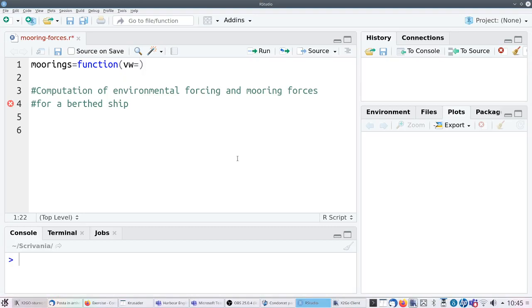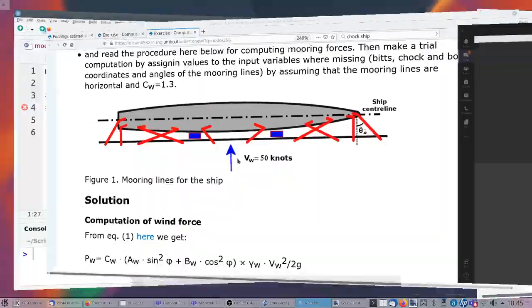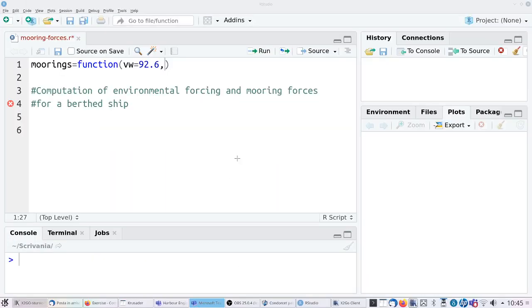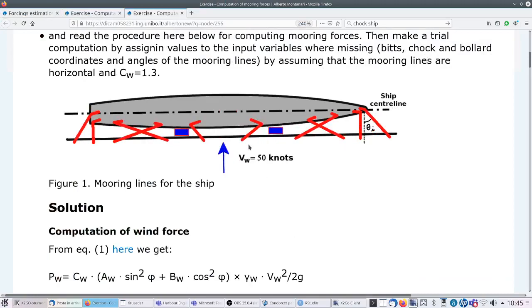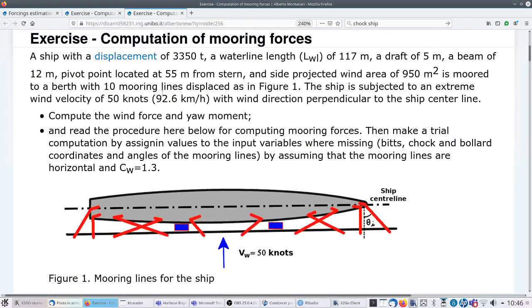In the future, if this function is applied to other cases, we can remove the defaults. So the wind velocity is 92.6, if I remember. Now I go to the web page to see the data, because I don't want to make mistakes. Okay, yeah, 92.6 is the wind velocity.